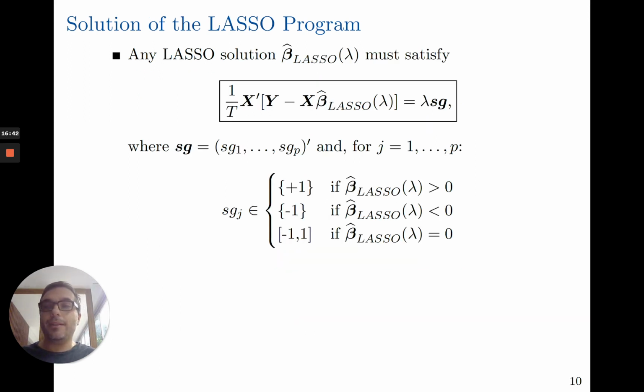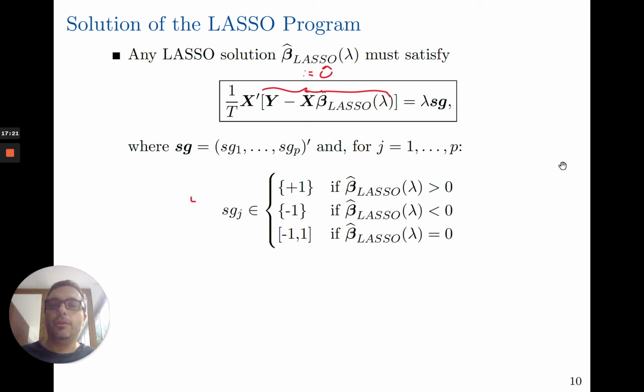Right, so any lasso solution, beta hat lasso lambda, must satisfy this condition. So 1 over t times X prime times the error of the lasso estimator, this thing here is u hat, the estimated error.